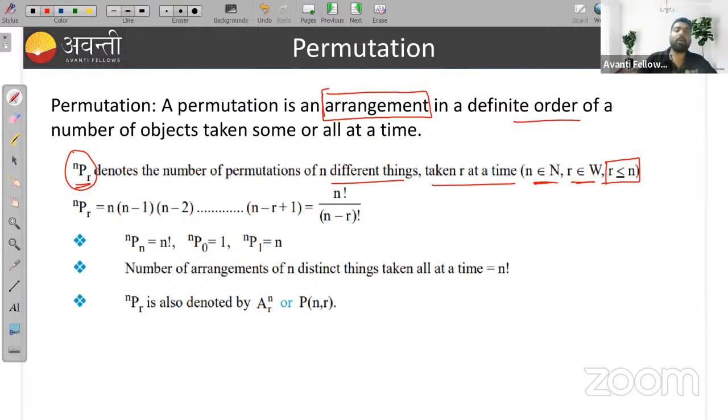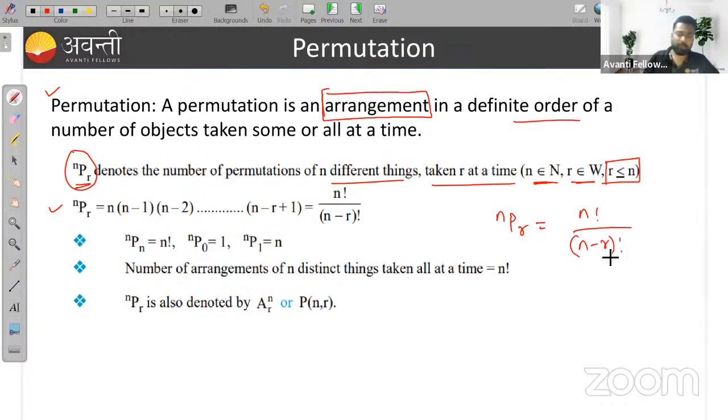I'm just telling you the definition of permutation and what is the formula. So nPr means n into n minus 1 into n minus 2 up to n minus r plus 1, or generally, remember this formula, nPr is n factorial upon n minus r factorial.